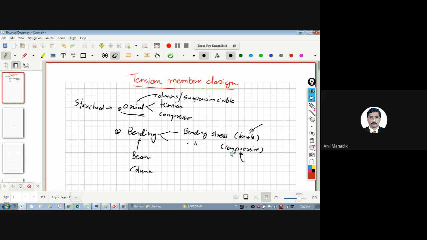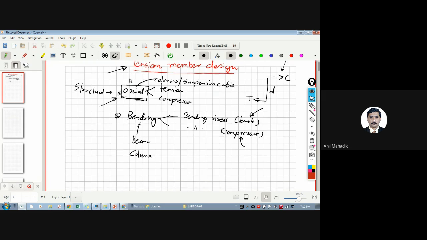That means ultimately the axial forces are the fundamental forces, and bending stresses are indirectly axial forces, because we form a couple like this. There is a compression, there is a tension, and the couple becomes the bending. So ultimately, axial stresses are the final forces in any structure. And we will see the fundamental, basic and simplest force, that is nothing but tension.